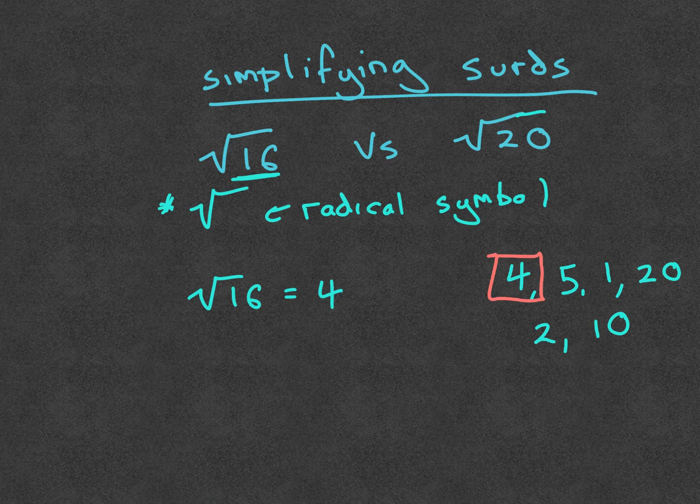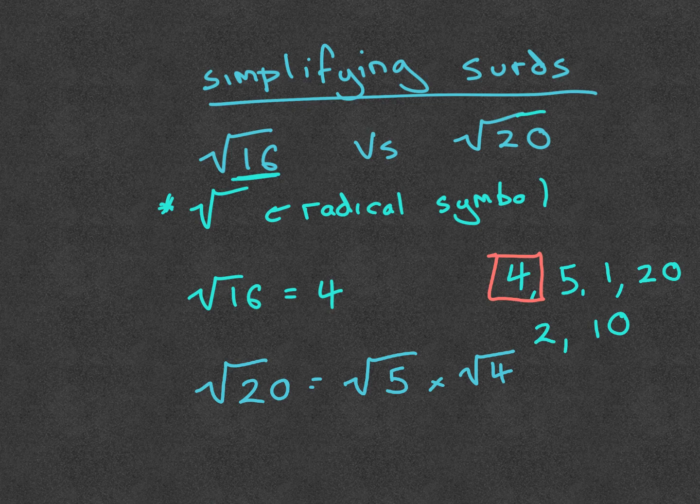So what we can do is simplify this surd using the fact that one of its factors is a perfect square, and using the rules of surd multiplication that we've seen previously. We know from our surd multiplication that the square root of 20 is the same as saying the square root of 5 multiplied by the square root of 4.